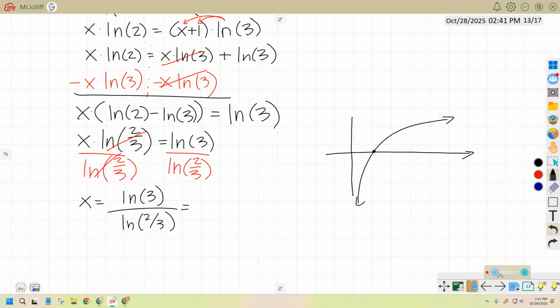And that point there is 1, 0. So any x value that's less than 1 is going to have a negative y. So positive divided by negative should be negative. I'm getting 2.7. Yeah. That's 2.7.